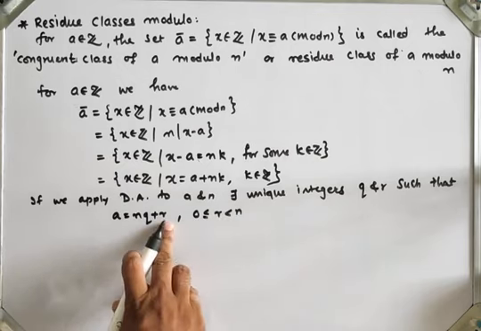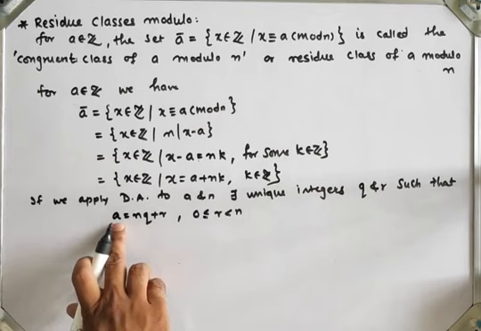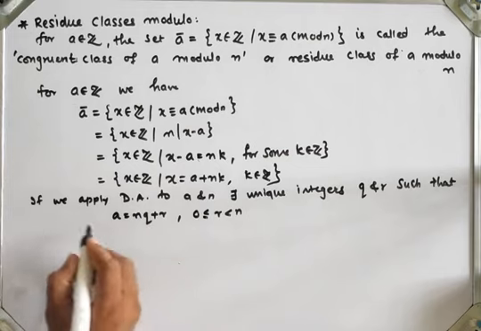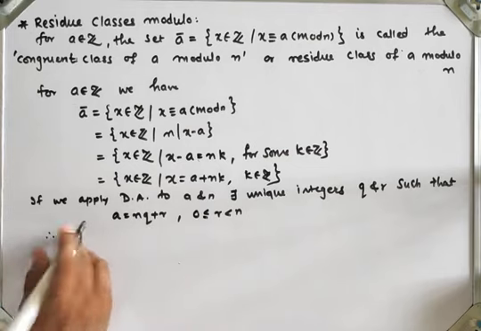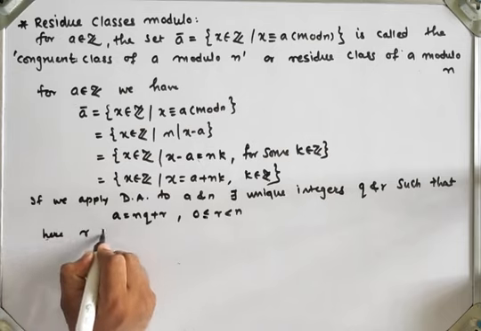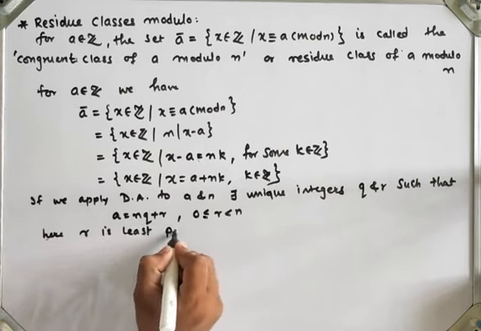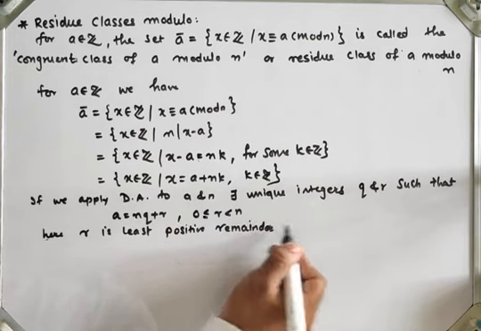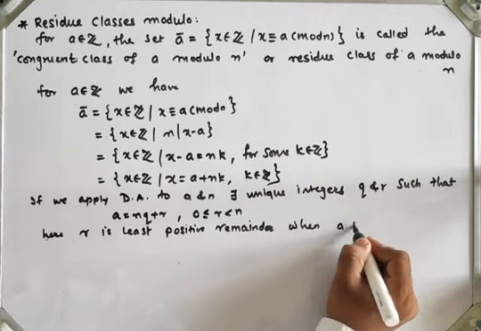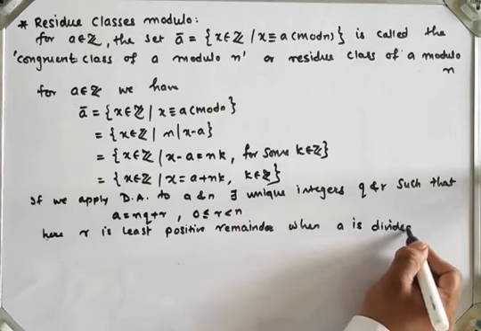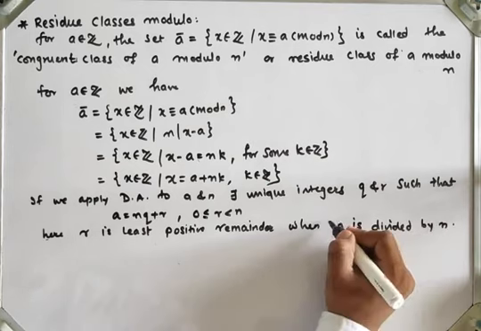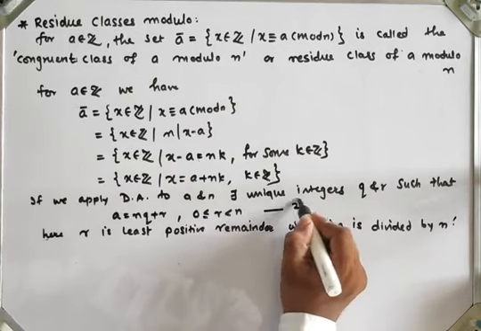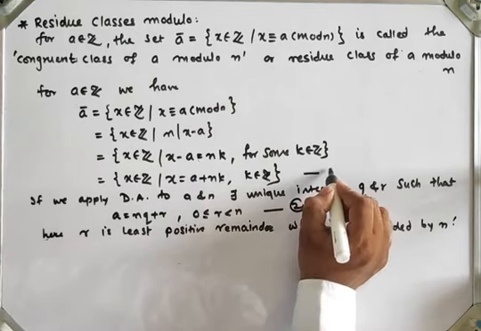Thus r is the least non-negative remainder when a is divided by n, and q is the quotient. So r is the least remainder when a is divided by n. This is equation number 2, and the earlier one is equation number 1.